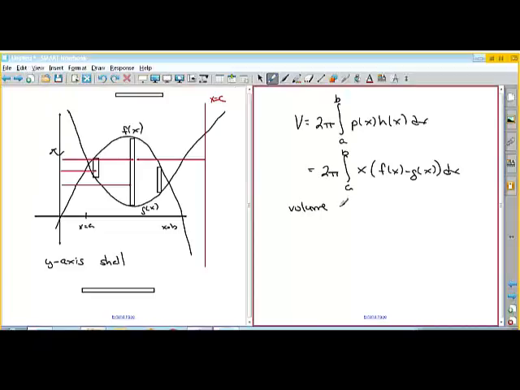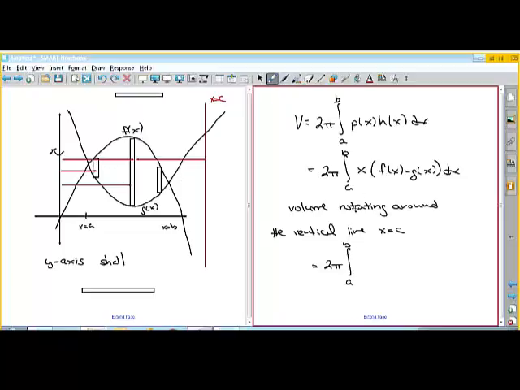So if you were to find the volume rotating around the vertical line x equals c, then the function would be very similar.